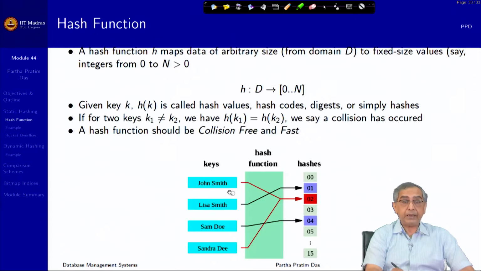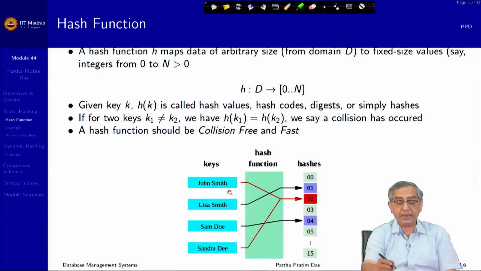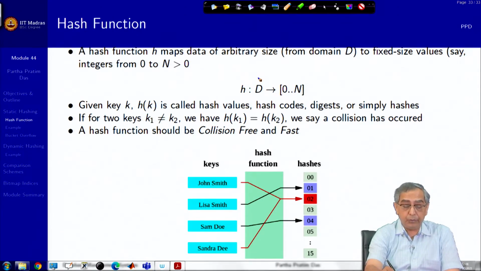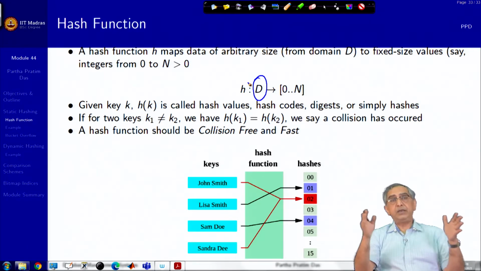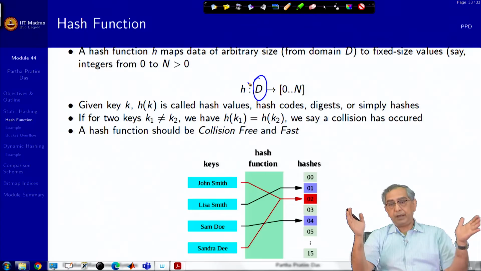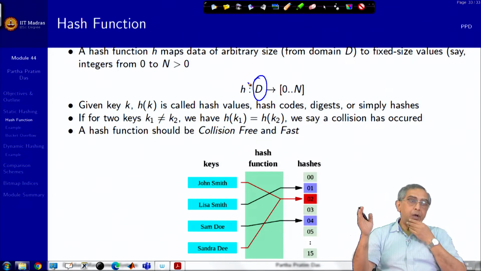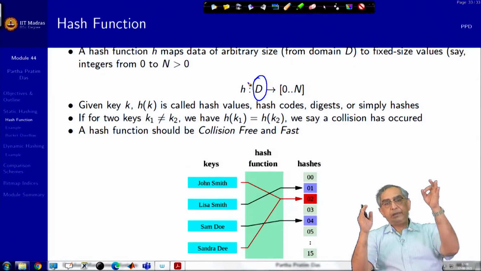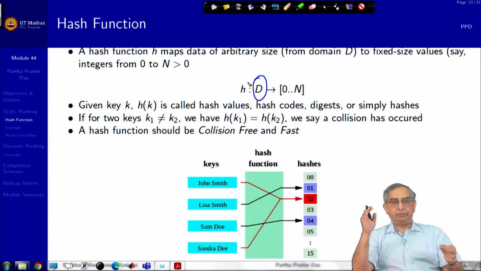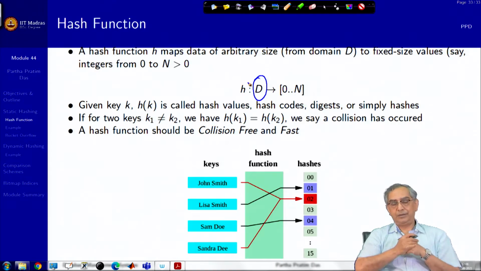So, static hashing, the hashing per se. What is hashing? In hashing, we have a domain of values which is normally very large. If that domain were small, then we could take each and every value and use it as an array index to do a random access.